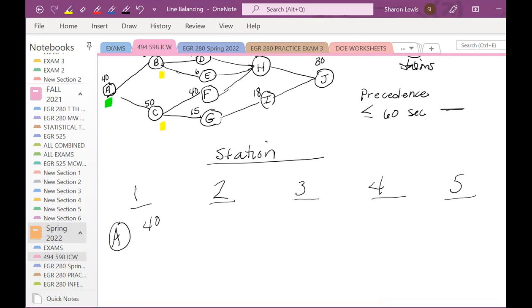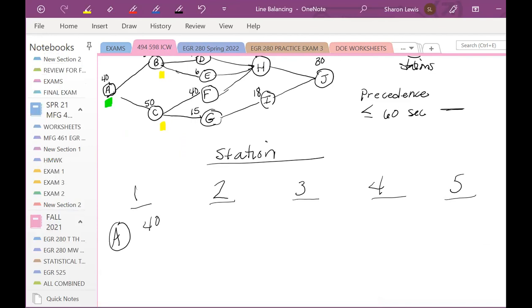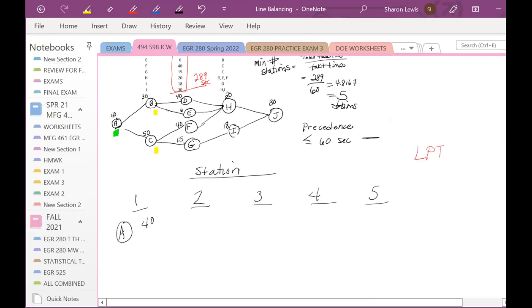C cannot go into station 1 because that would be 40 plus 50, which is 90, and we exceed our takt time of 60. So we're going to have to start a new station. One thing we do want to check, though: we tried C at 50, and no, we cannot do that.